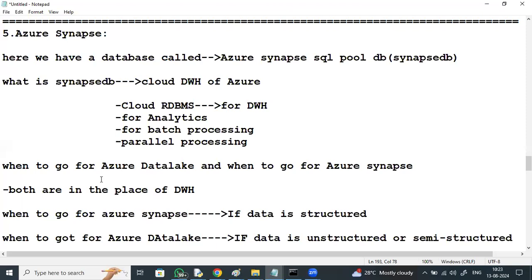Azure Synapse is a cloud DBMS for data warehouse purposes. If data is structured, it has a database called Azure Synapse SQL Pool DB, for parallel processing.